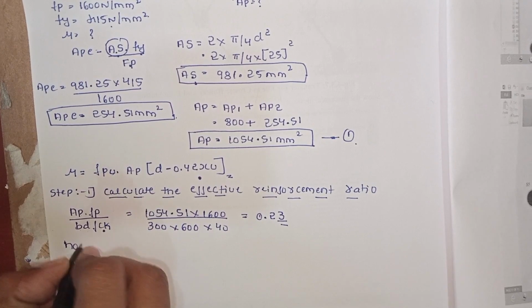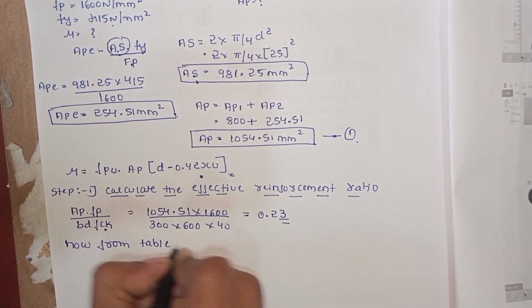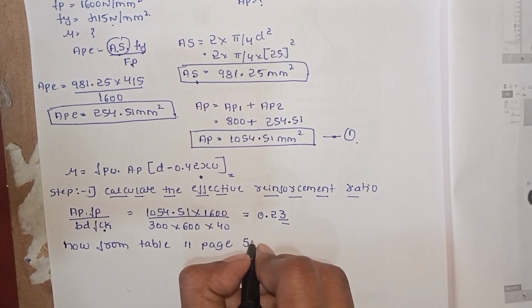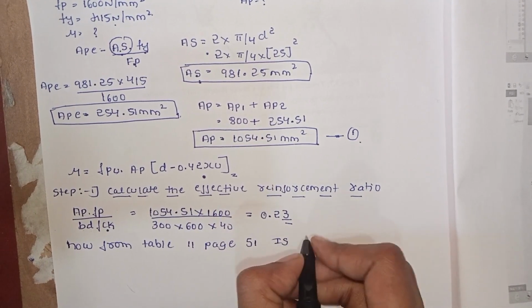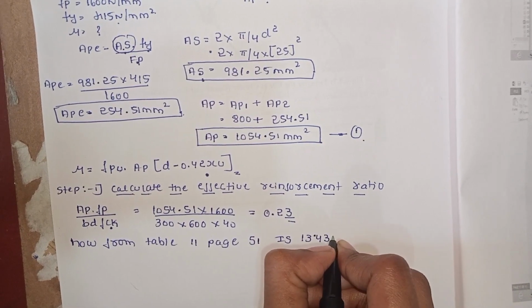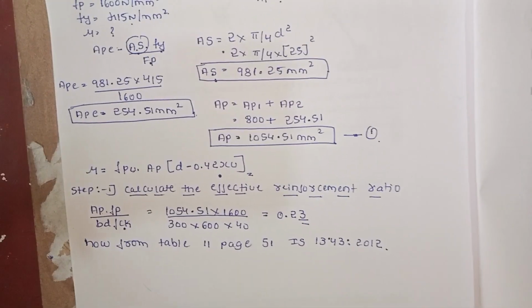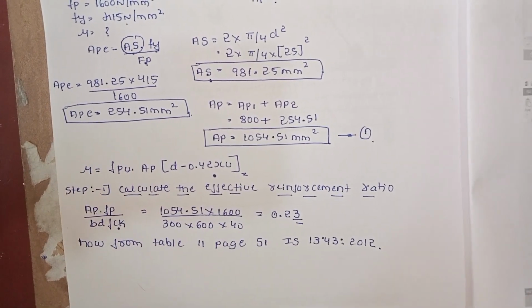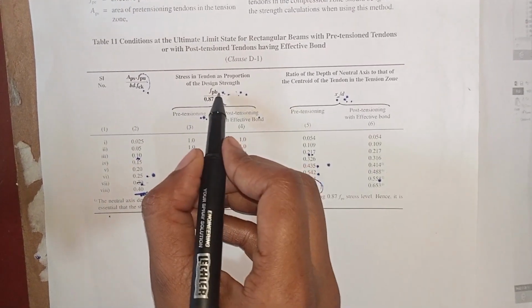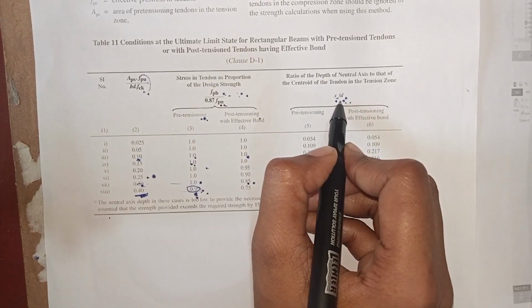Now from table 11, page 51, IS 1343 2012. Now we want fpb divided by 0.87 into fpu value and xu by d value.